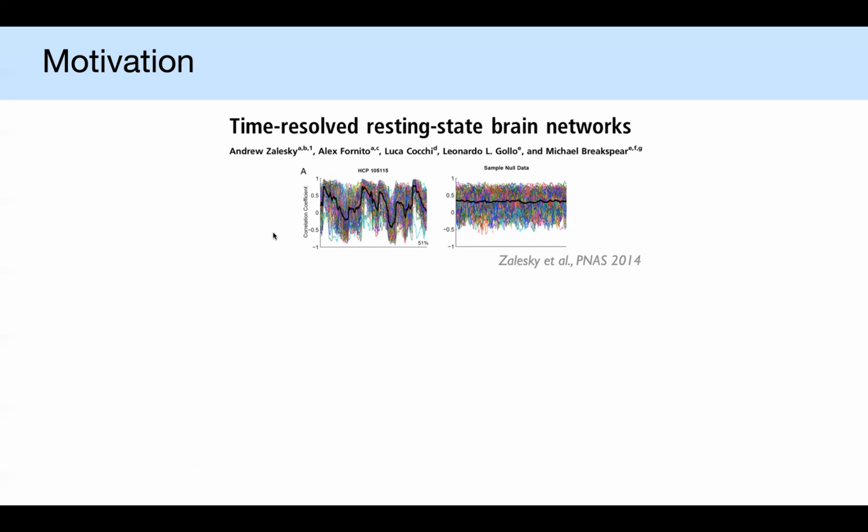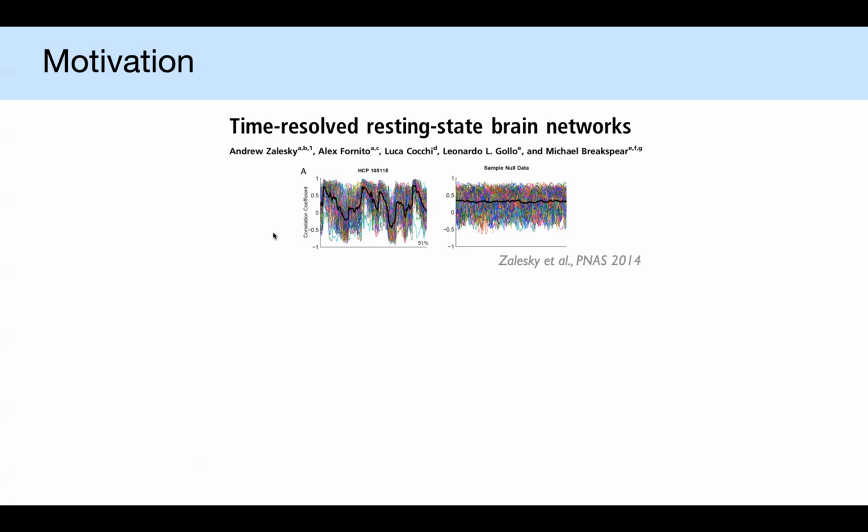And when they compare it to a null, they see that the average fluctuations in null data is almost flat. And they conclude that these fluctuations therefore are significant.